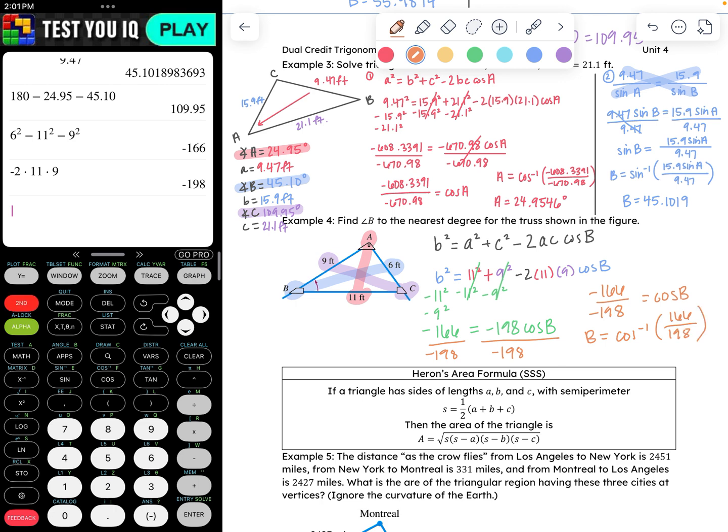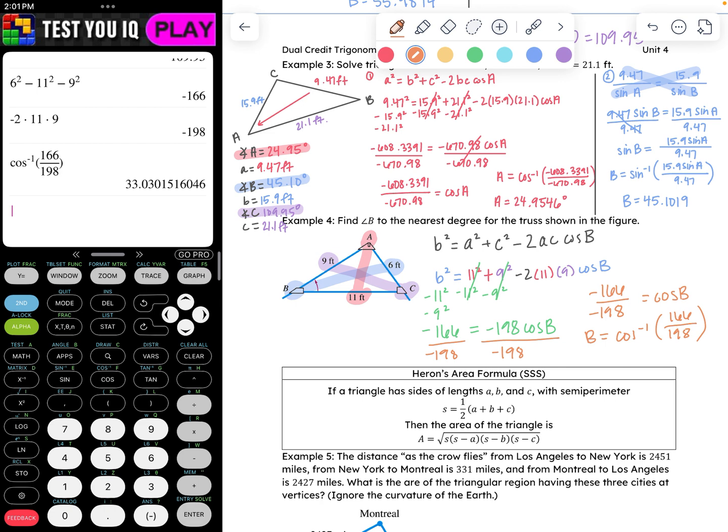So the inverse cosine of 166 over 198 is going to give me 33.0302 degrees.